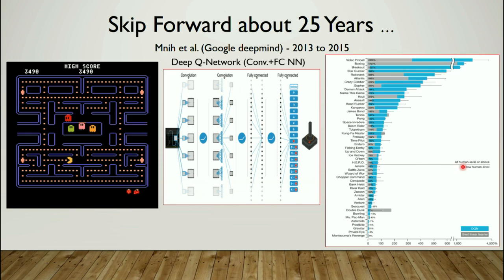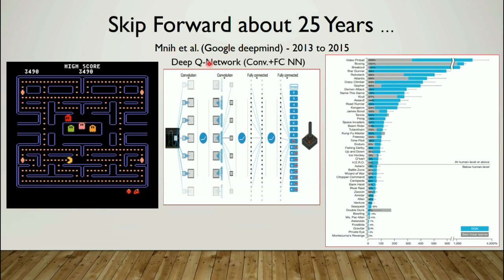But this line here separates the games that performed poorly, below human level, and all this bunch here is the games that performed at human level or better. Everything that has a score of higher than 75% is considered human level.